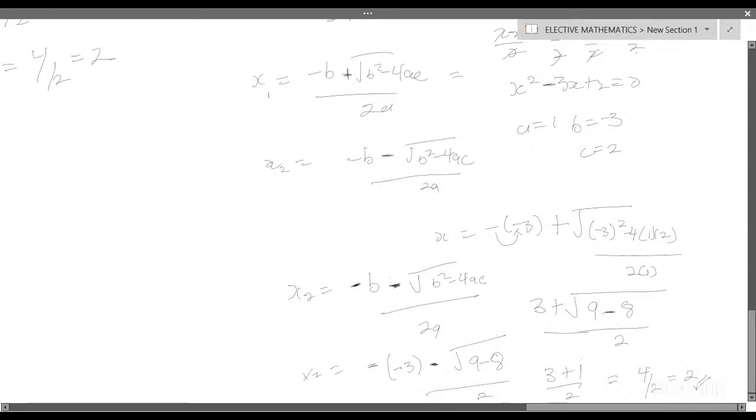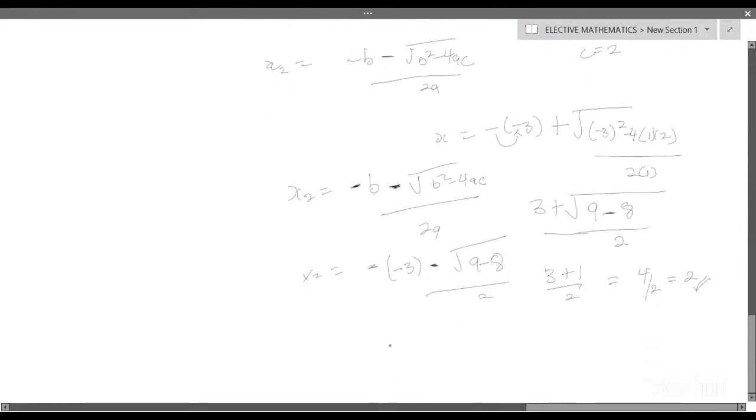I believe you know how we got the 9 minus 8. Then what are we going to get? 3 minus root of 9 minus 8 will give us 1. 1 all over 2. This one will give us 2 over 2. 2 over 2 we cancel. What is it going to be? 1. So we have our x to be 1. So therefore, x is equal to 1, or x equal to 2. We are done.